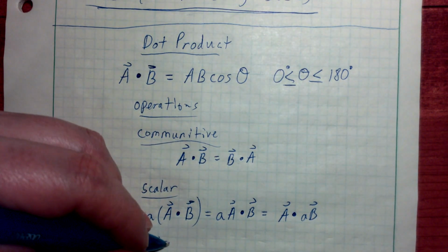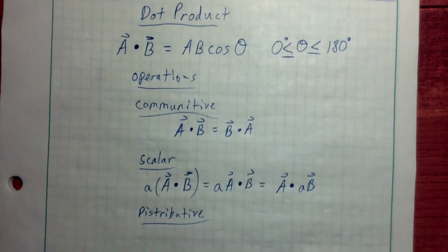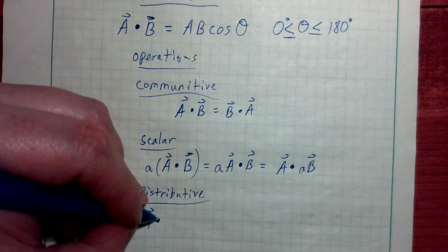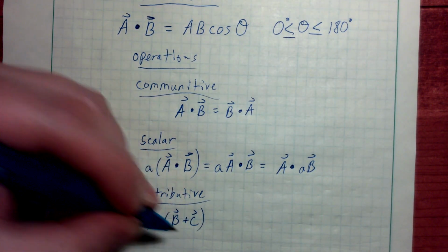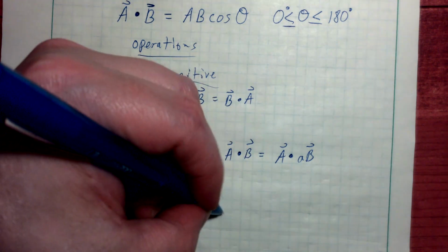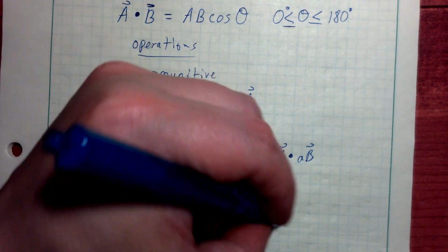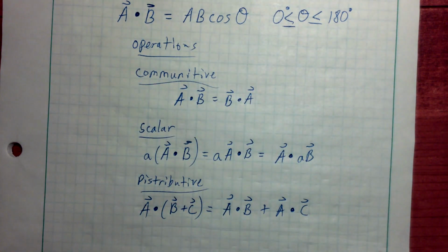This also follows a distributive property. Use a distributive property with the dot product, meaning that if I take A and I dot A with the resultant of B and C, so if I add B and C together, then that would be the same as if I took A and dotted it with B and added that quantity to A dotted with C. So I can distribute this A dot into the B plus C quantity.